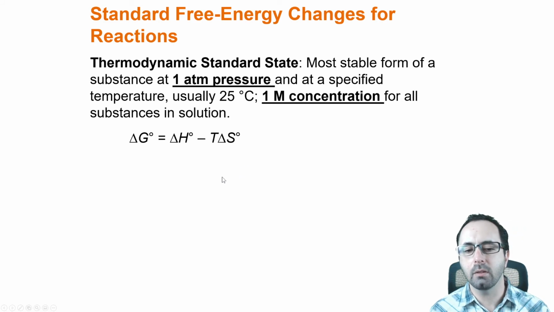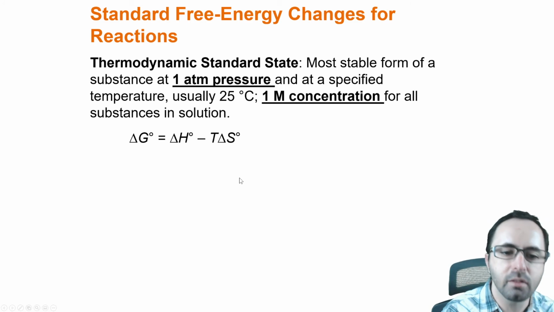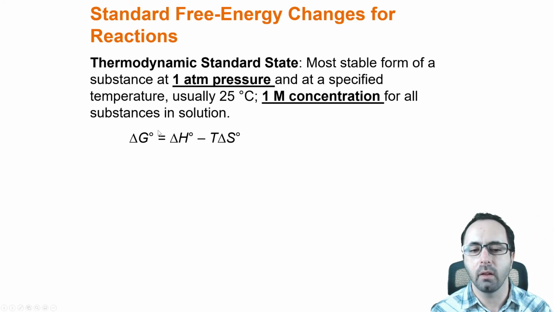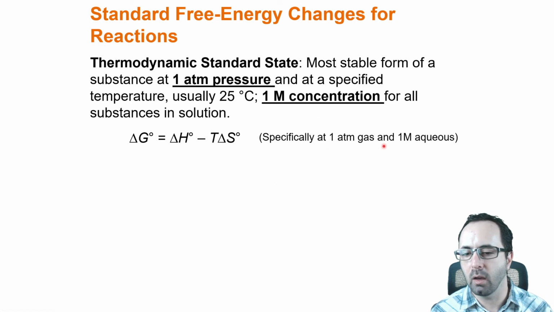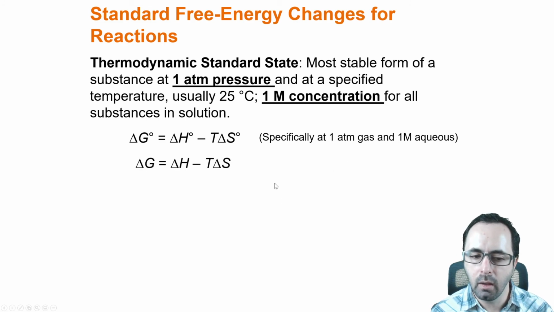So just like delta G equals delta H minus T delta S, for this very specific situation, it's also true. Delta G standard equals delta H standard minus T delta S standard. Remember, standard is a very specific situation, specifically at 1 atmosphere gas, 1 molar aqueous. So this is the more general version, and this is the specific version.